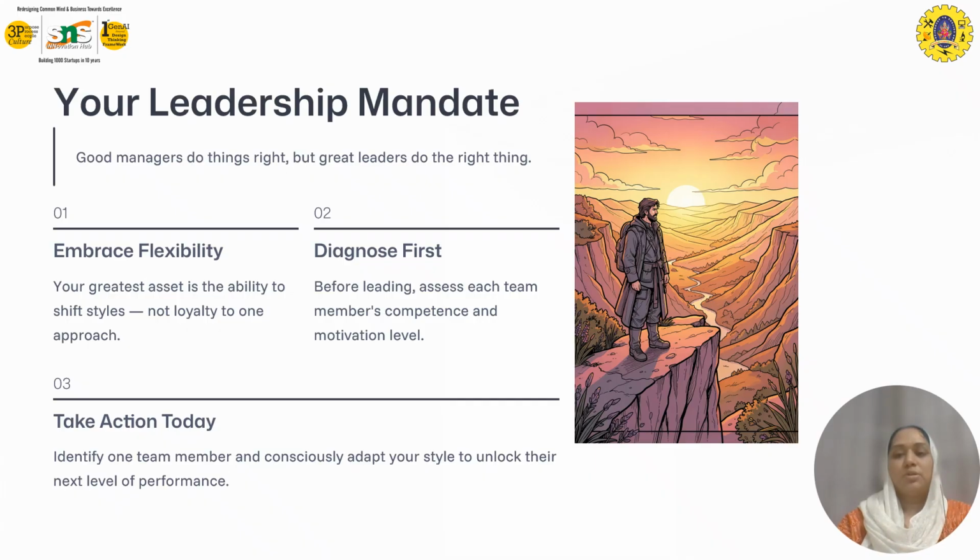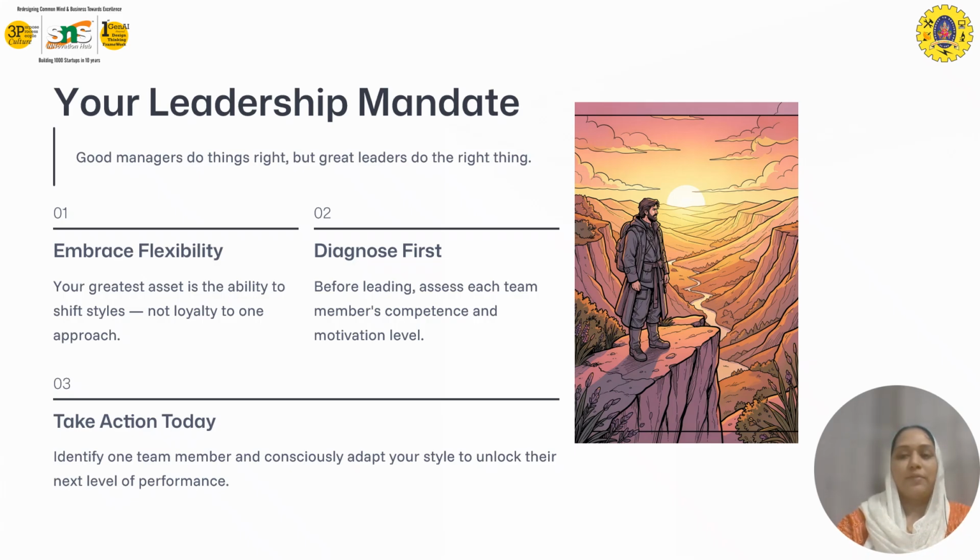Leadership is always a mandate. A good manager or good leader will do things right, but great leaders will do the right things.